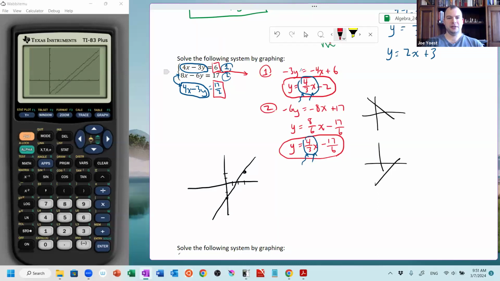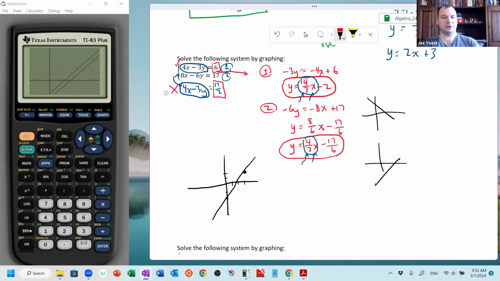I've changed the problem around a little bit to an equivalent problem where I can see very clearly that if there was an x and a y such that 4x minus 3y equals 6, if there was an x and a y that solves the first equation, it cannot solve the second equation.